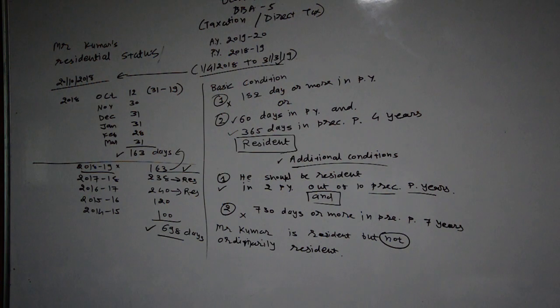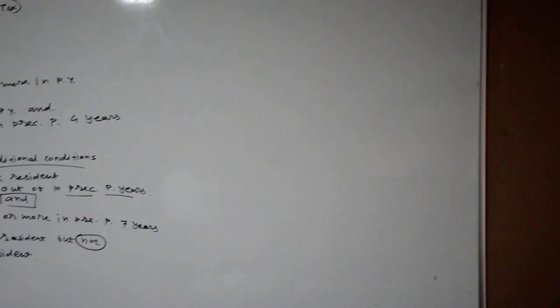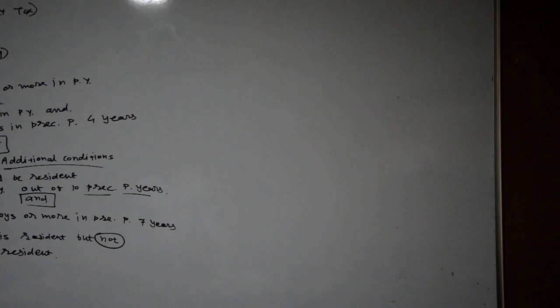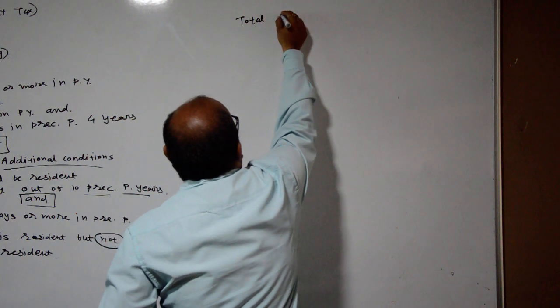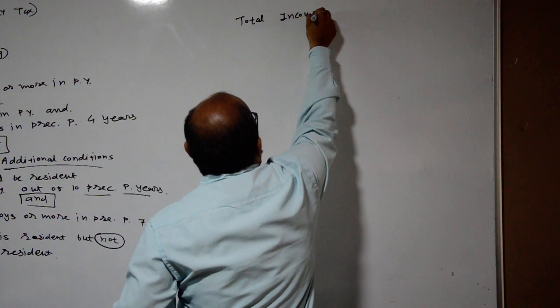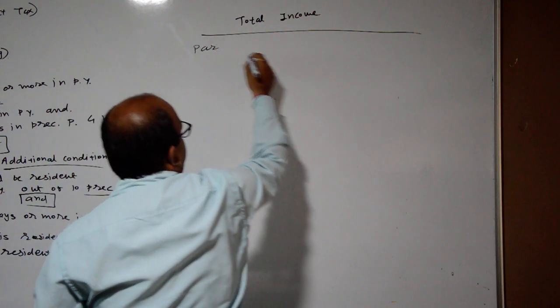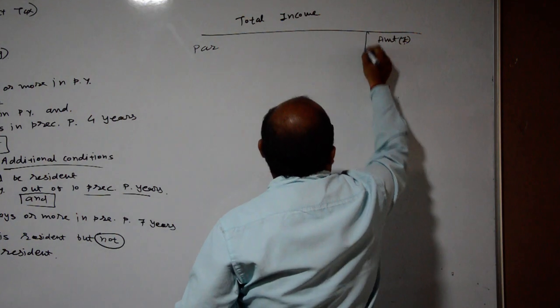Then after that we will focus on his taxable income. For that purpose I will calculate his total income statement, with particulars and amount in rupees, the taxable amounts.